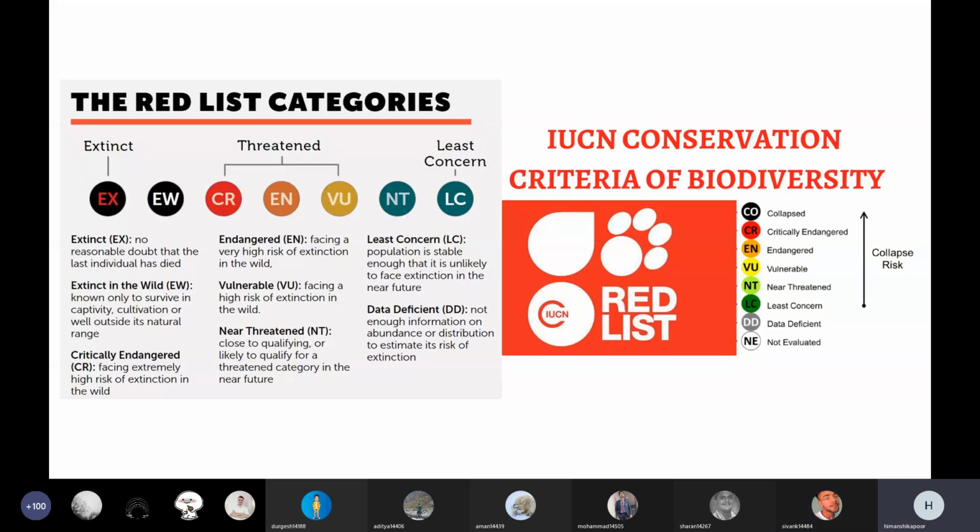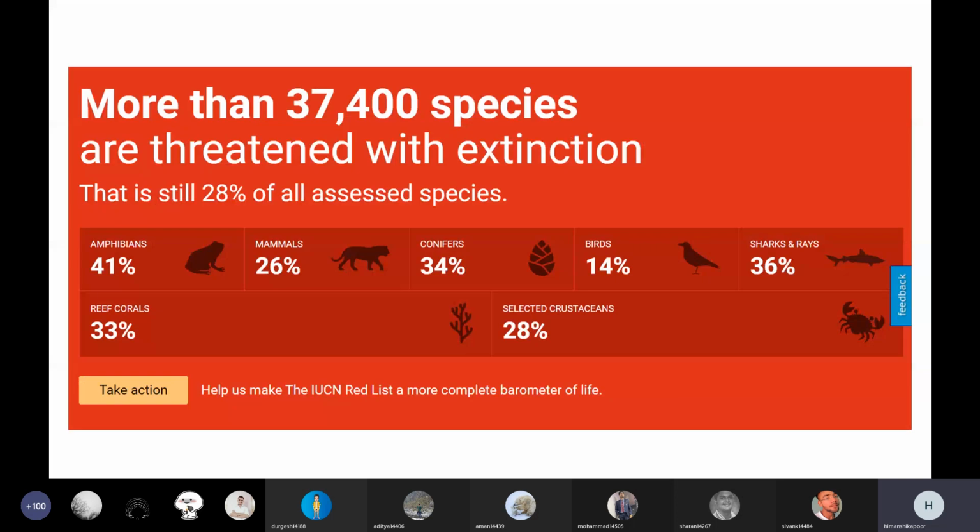So these are a few categories. Conserving biodiversity is really very important because more than 37,000 species are threatened with extinction, and 41% are the amphibians, 26% are the mammals.